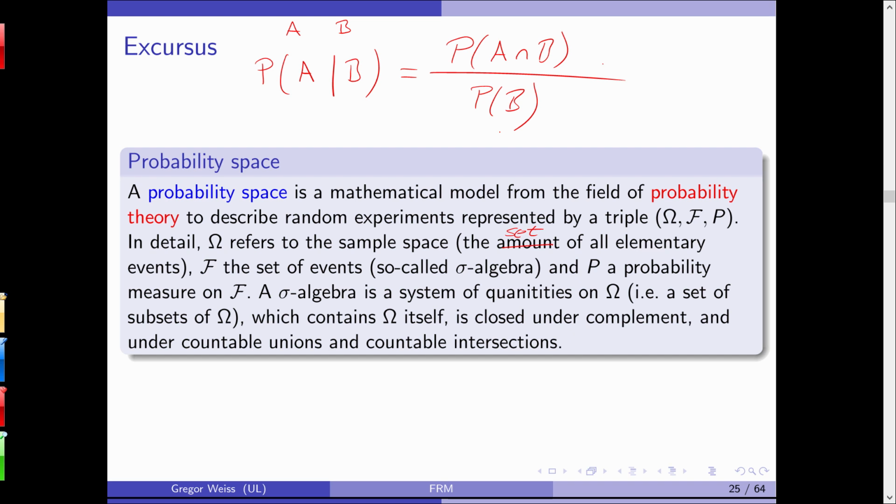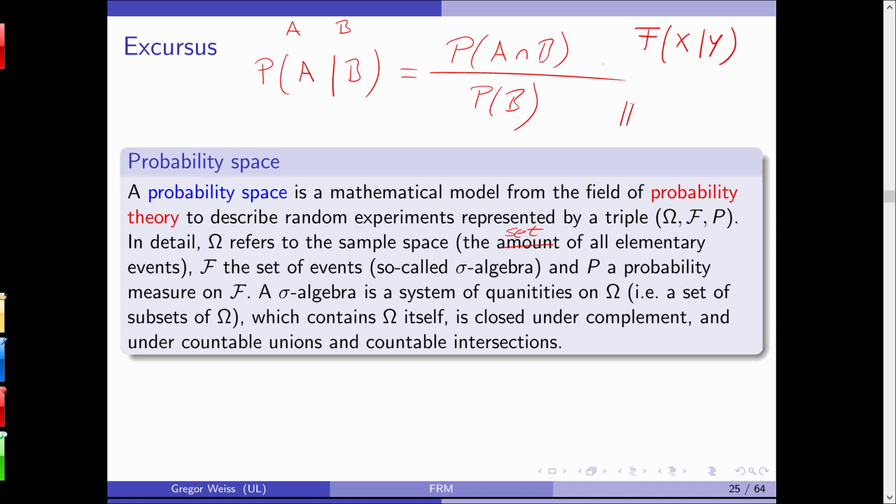But if you have conditional probabilities, you also have conditional distribution functions, conditional density functions, and you can construct and define, for example, the conditional distribution of x given y.